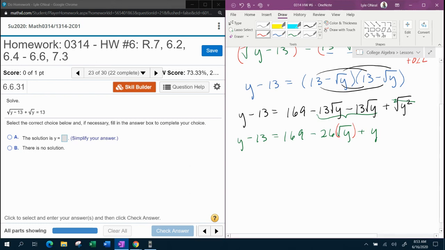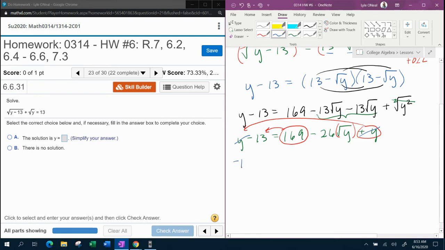So now we're going to have to get this square root of y by itself. And to do that, we're going to have to bring the 169 this way and the plus y this way, okay? So we're going to have, well, look at this. I've got a y over here. This y is going to become minus y. So in other words, these y's are going to cancel out.